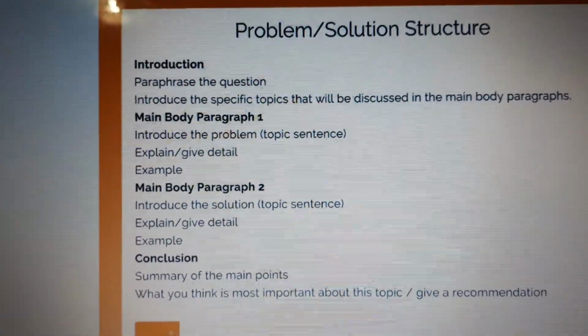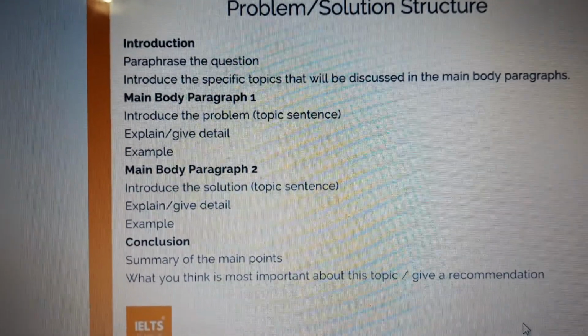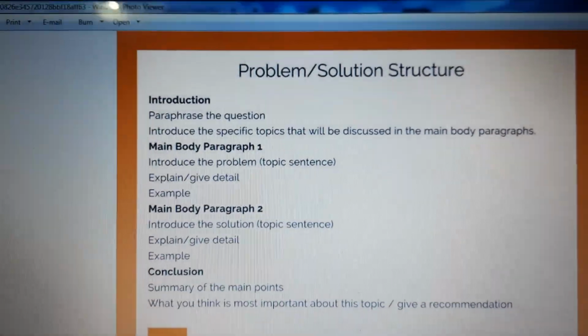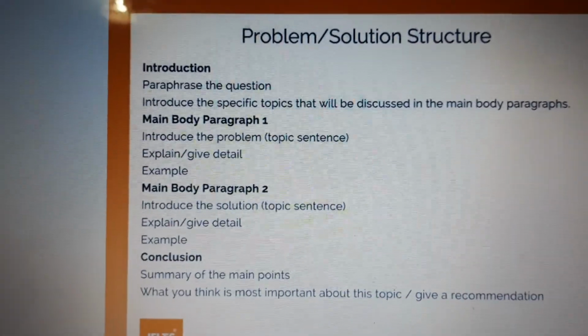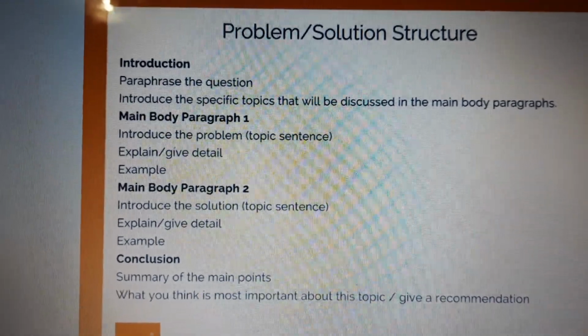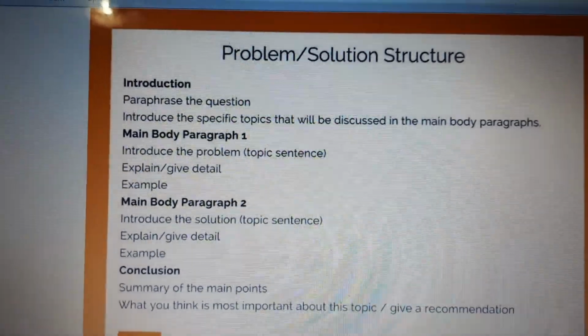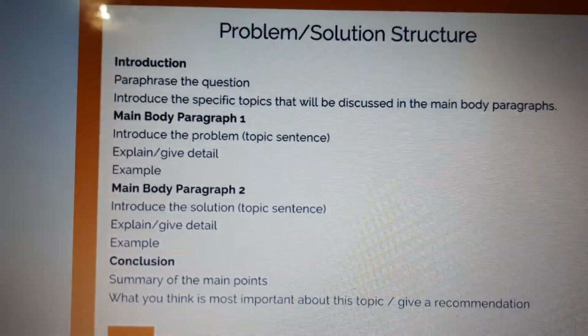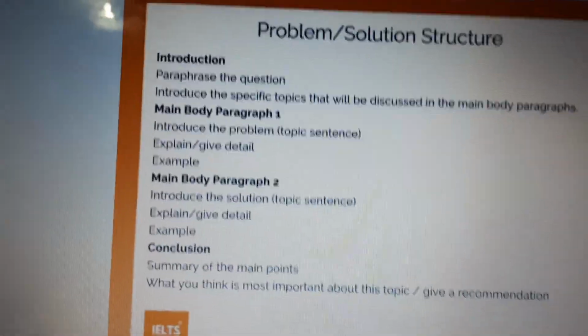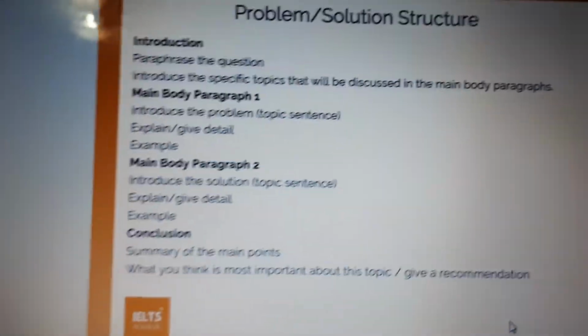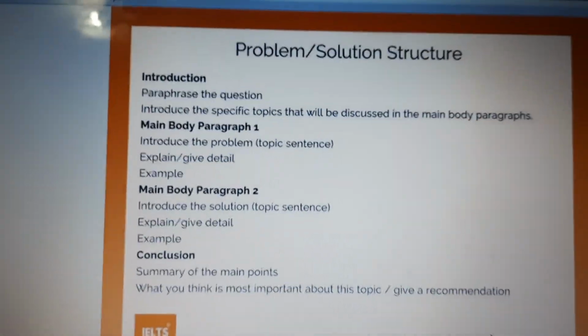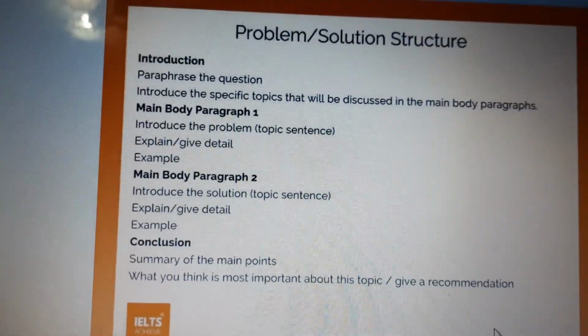Main body paragraph: introduce the problem, topic sentence. I gave you that before. You should write a topic sentence that supports this statement, then supporting ideas and details. And here, explain, give details and examples. Good. Main body paragraph 2: introduce the solution.